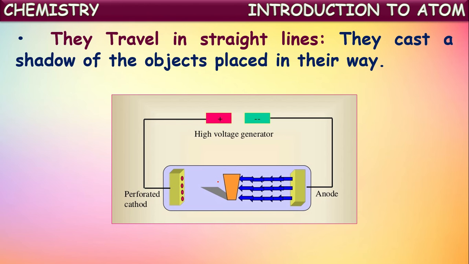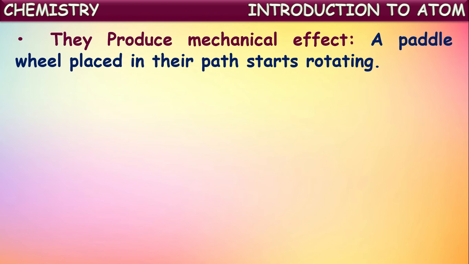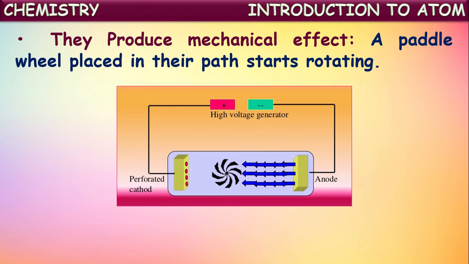Another property is they produce mechanical effects. Just like the cathode rays, these anode rays also produce mechanical effects. This is proved by the experiment that a paddle wheel placed in their path starts rotating. We have seen this in the properties of cathode rays also.